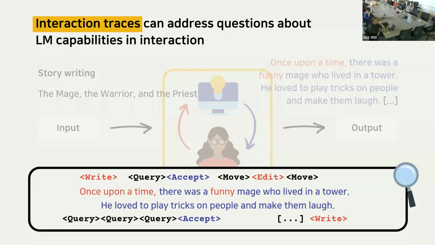For instance, the query event can tell us when the user needs support or inspiration from AI. The accept event can tell us something about the user's preference. And maybe the edit event can tell us about the room for improvement in the model's outputs.